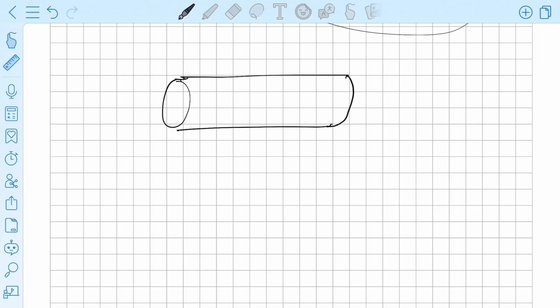In metal atoms, suppose this is the nucleus and this is the outermost electron. The valence electrons in metal atoms are loosely bound with the nucleus.